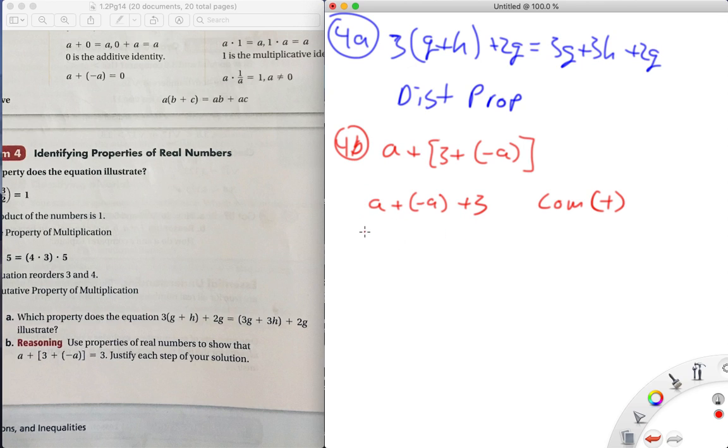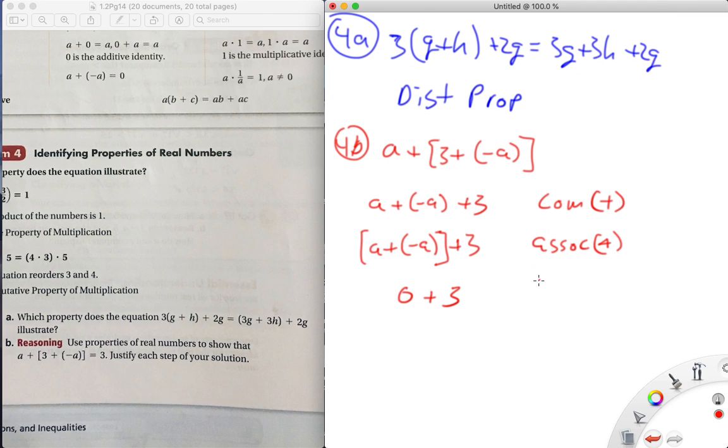The next thing I'm going to do is put brackets around the A plus negative A. I'm going real detailed step by step, by the way. Some of you guys might skip that step. By doing this, I'm able to use the associative property of addition that says that I can add any two or more things first and still get the same answer. So in this case, I choose to add the first two terms. A plus negative A gives me 0, plus 3.